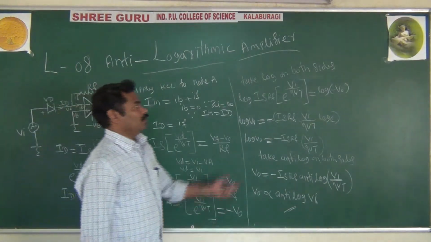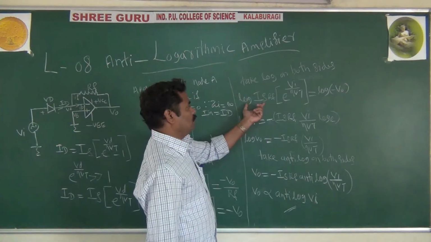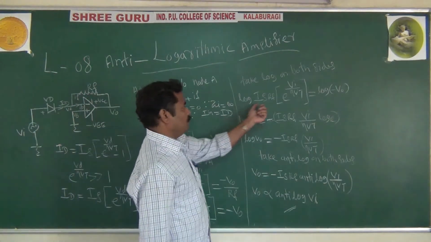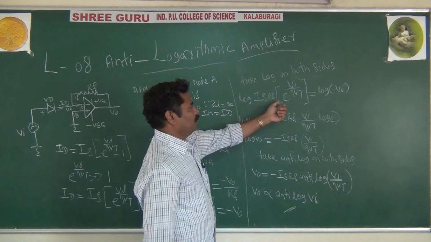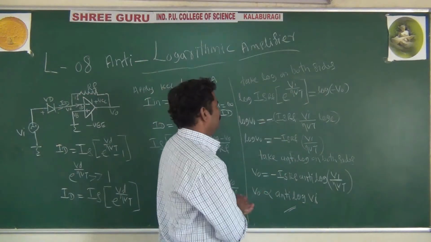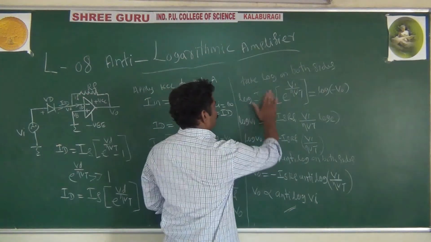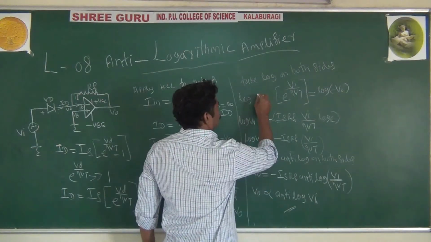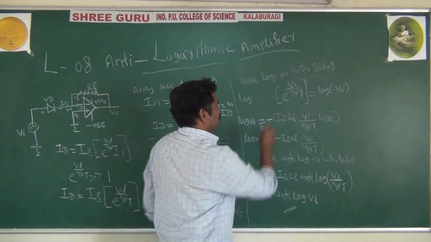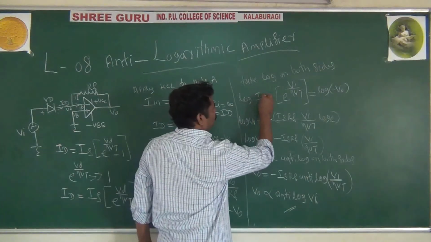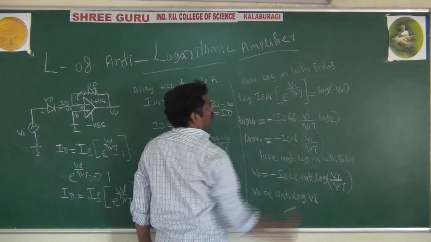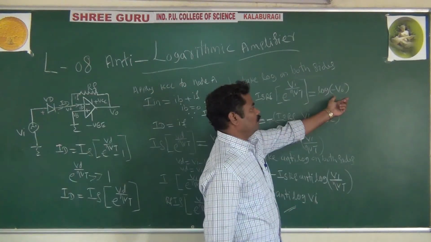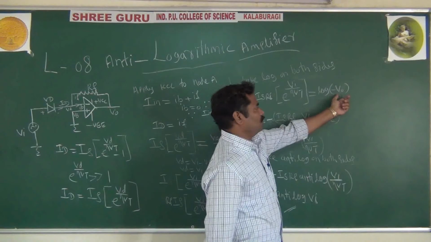Then take log on both sides: log of Is into RF into e raised to VI by eta VT equals log of minus V naught.